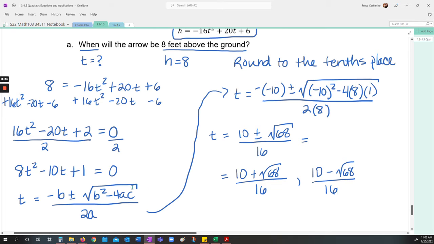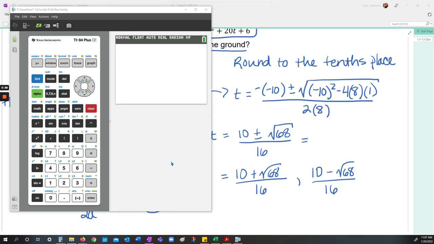Okay, so I'm going to pause and get my calculator app. Okay, here's my fancy graphing calculator app. So if you have a scientific calculator or the Alex calculator, you can type this in the same way. So for the 10 plus square root of 68, make sure you put that in parentheses, or ensure that it's all in the top of your fraction after you've got the whole thing in there.